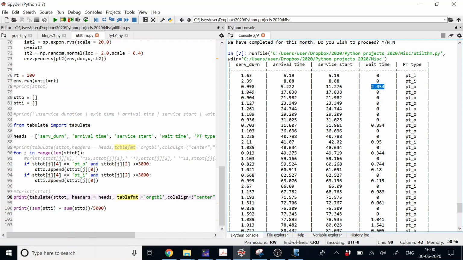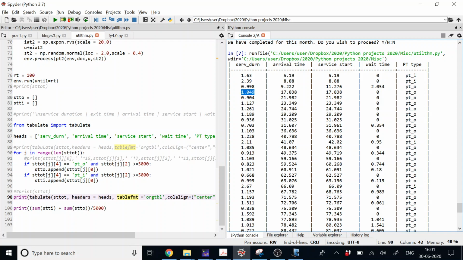So as you can see, we step through the list of events in this way. What happens to the fourth patient? The fourth patient arrives at time 17.838, and is of patient type O. Their service duration is only 1.049 minutes.